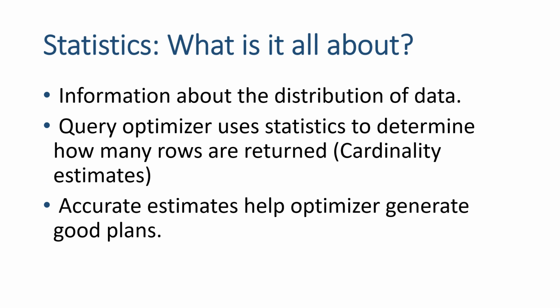So why should we care about these statistics, right? For example, if our statistics are not accurate and there is so much difference between the estimates and the actuals, for example, if the optimizer thinks there are only 100 rows coming out of a table instead of the actual million rows, then those wrong estimates will eventually cause an inefficient plan to be generated for that particular query, and the inefficient plan will be stored in the plan cache.